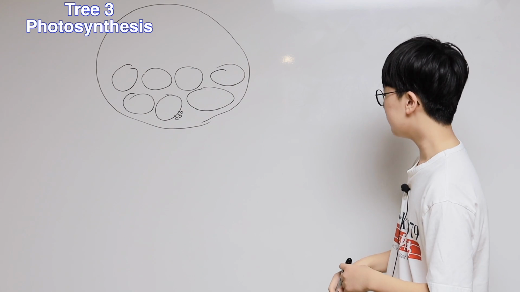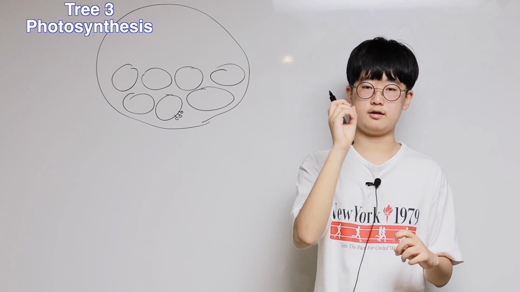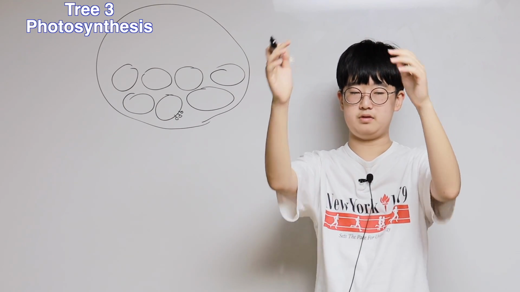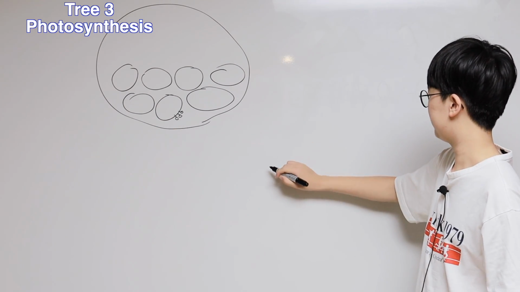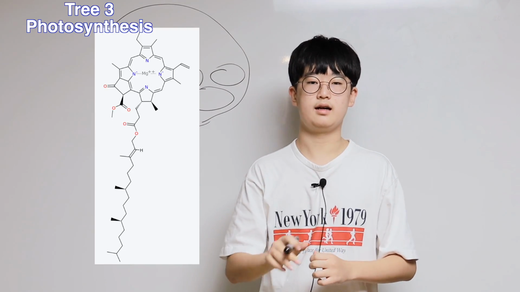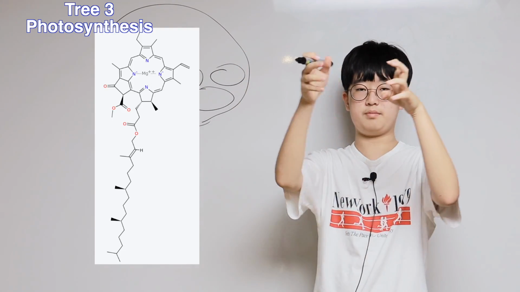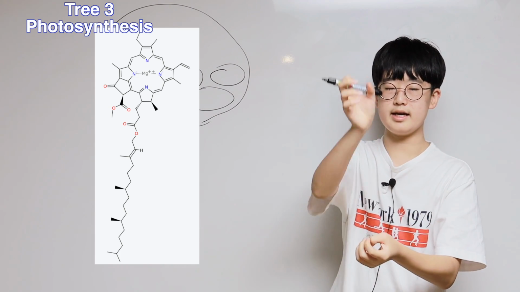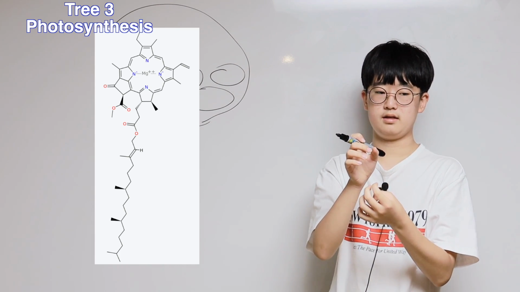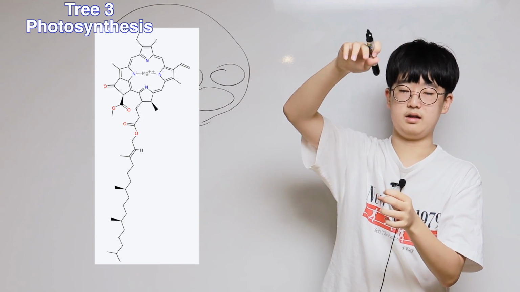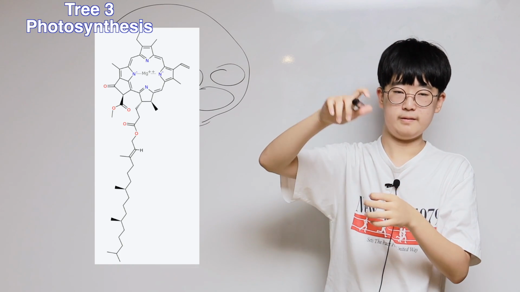And now inside a chlorophyll, in the middle of the more rounded part, and chlorophyll looks a bit like this. Actually, I'll put a picture up on the screen. If you look at it, it looks a little bit like a net, with the net part a little bit wide.